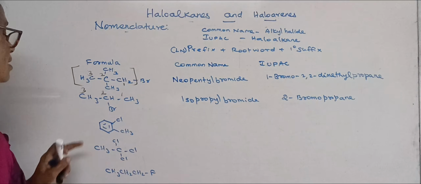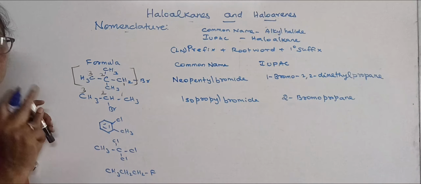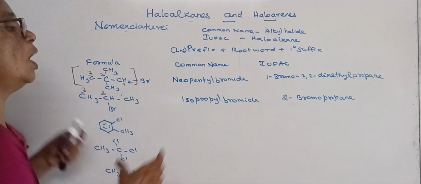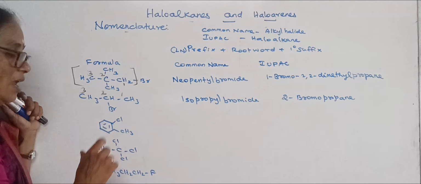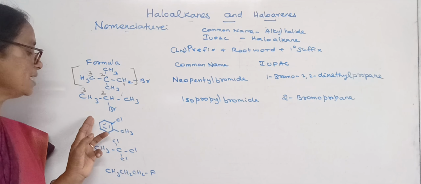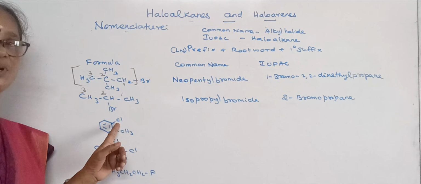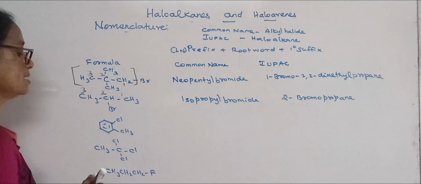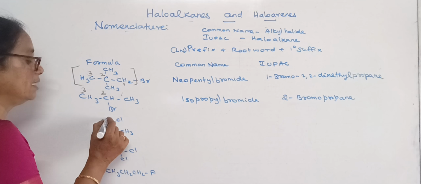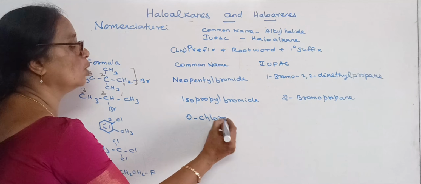The next one is a benzene with two substituents: one is chlorine, the other is a methyl group, making it toluene. How to name it? First of all, we have to identify the base of the ring. The base of the ring is actually toluene, in which the halogen is present at the ortho position with respect to methyl. So I can say this is orthochlorotoluene.